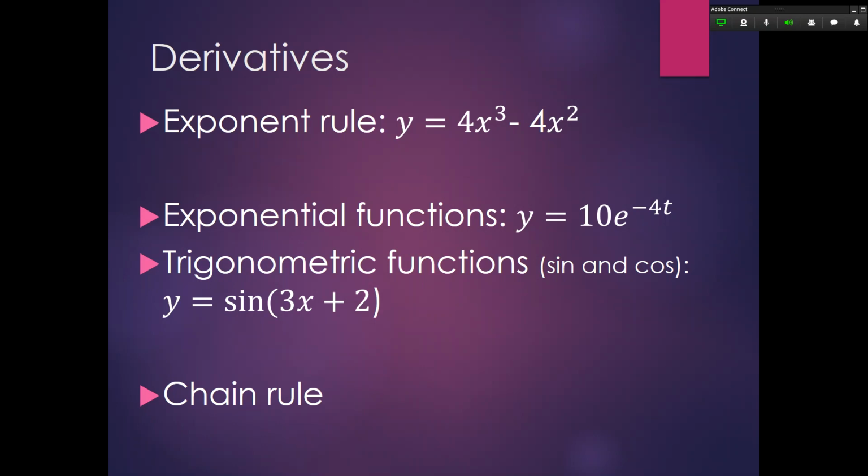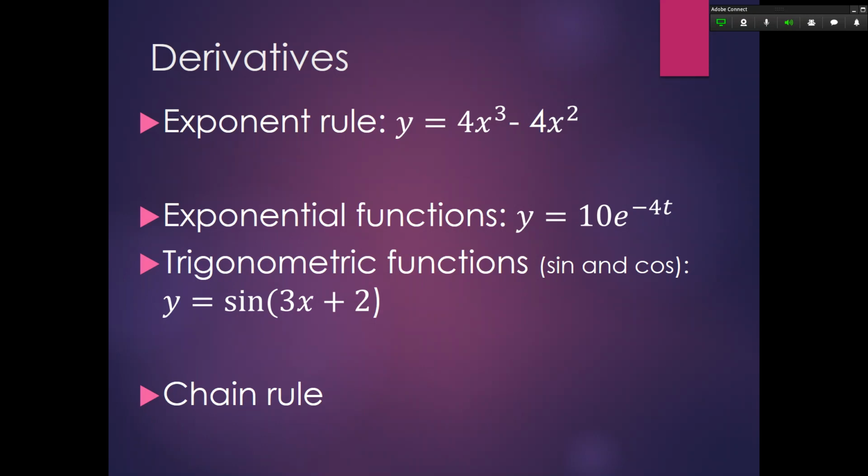And you should be able to know some of the trig ones, namely how to do the derivative of a sine function and a cosine function. I don't need you to know the secant and all those guys, but just the sine and the cosine derivative. For sure, you'll be needing to do that and know how to use the chain rule. Chain rule is the derivative of the inside multiplied by the derivative.